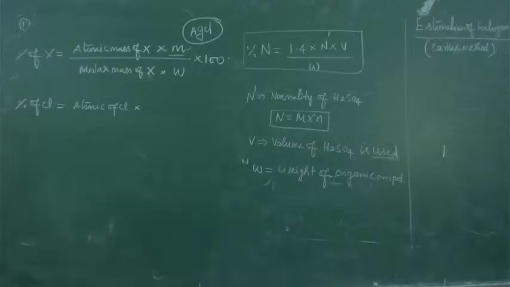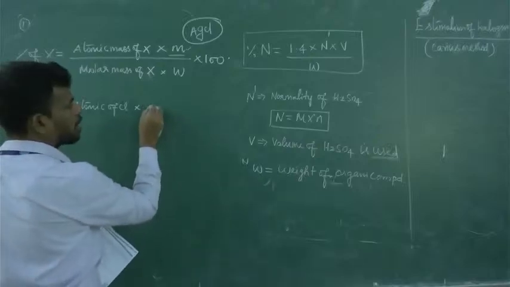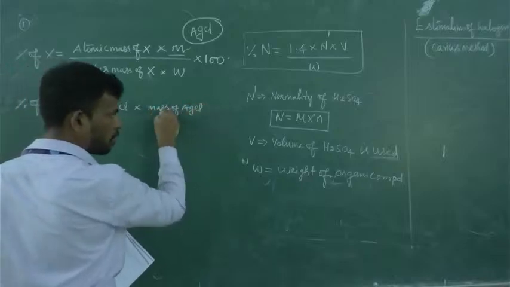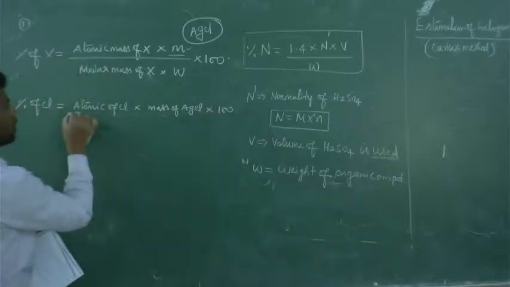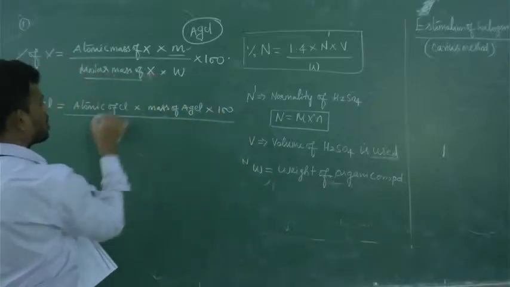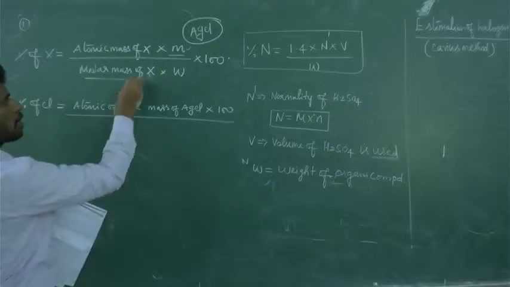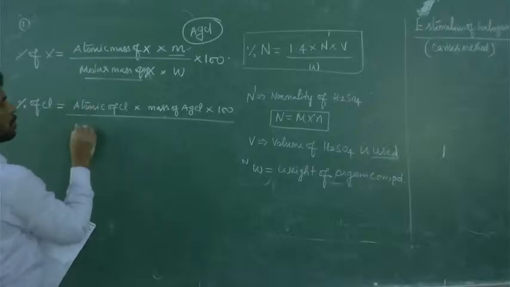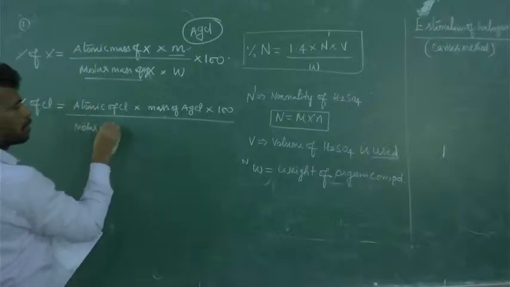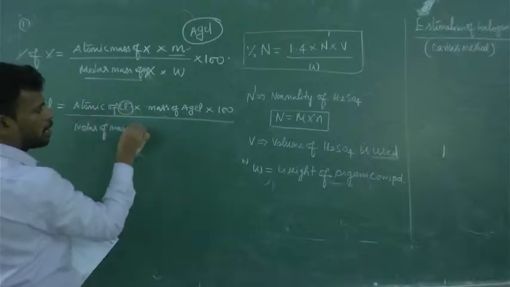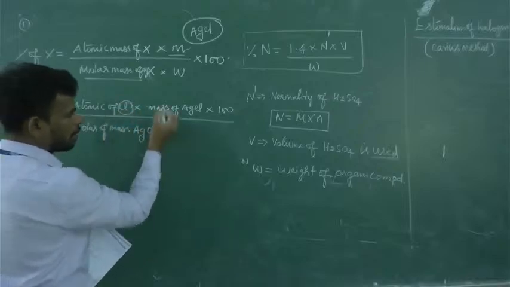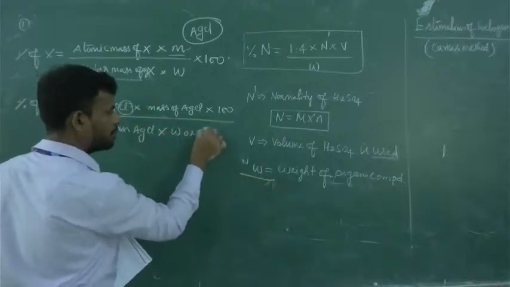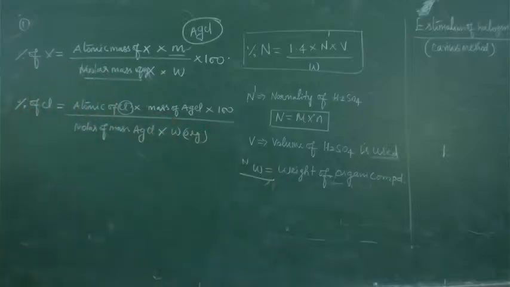How much weight of AgCl has formed, they will give this weight, into 100, divided by the molar mass or molecular mass of AgCl into the mass of organic compound, weight of organic compound. This is the formula. Is it clear?